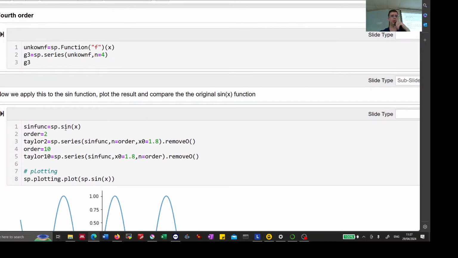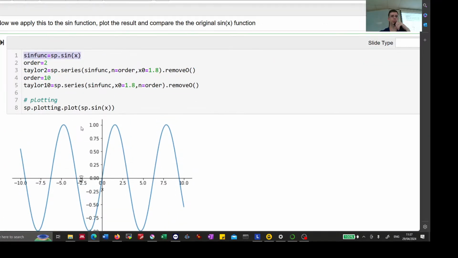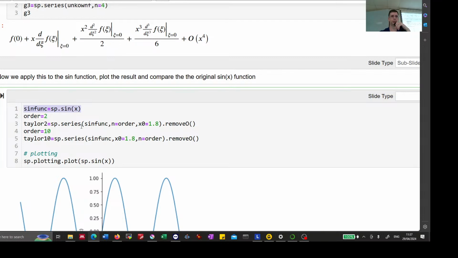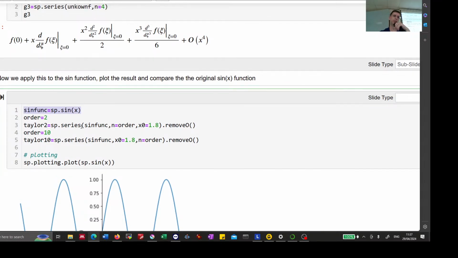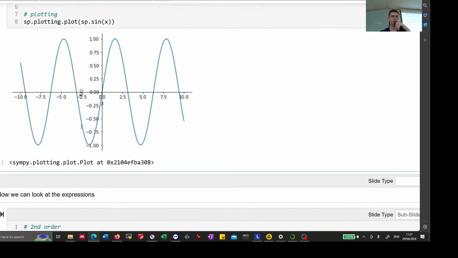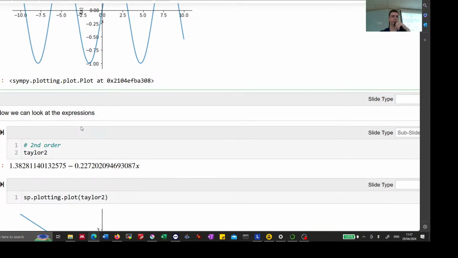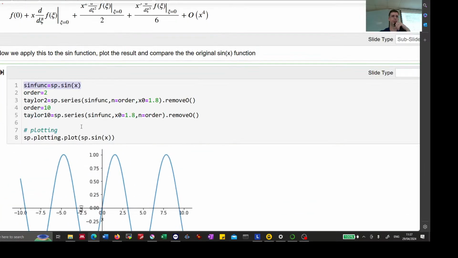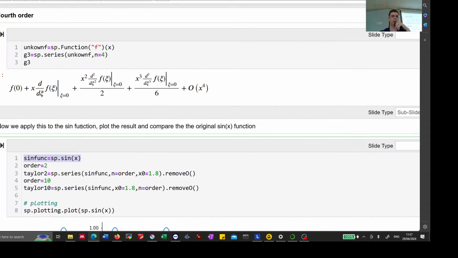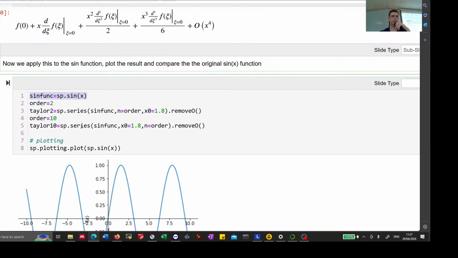So now when we apply this to the sine function. Okay, so here we define the sine function as SymPy sine.